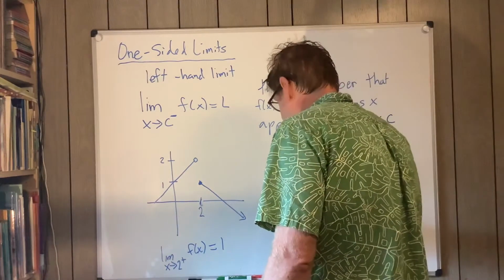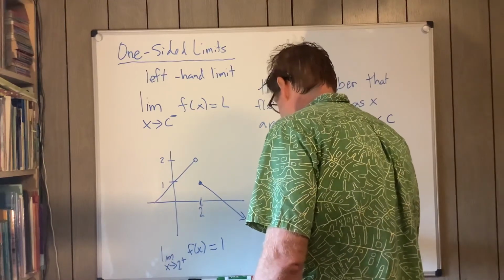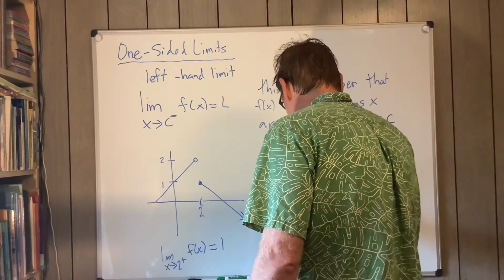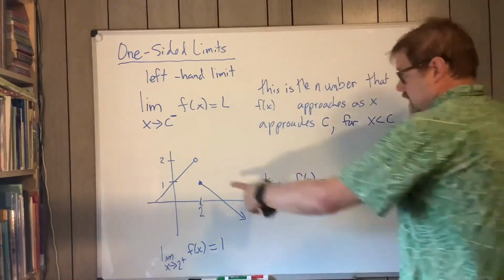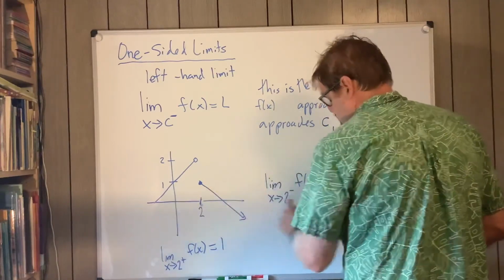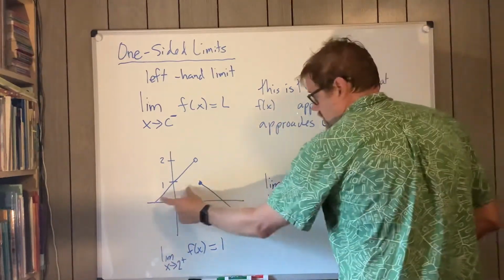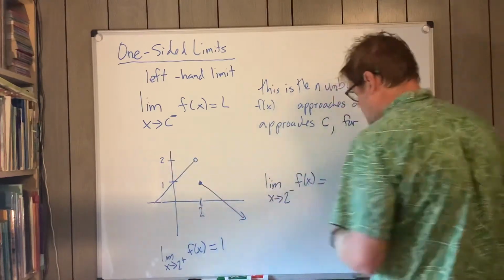So let me just look at this: limit as x goes to 2 negative of f of x. I'm thinking about 2, but less than 2. So it's this part of the function, and as x goes up there, it's going to be 2.